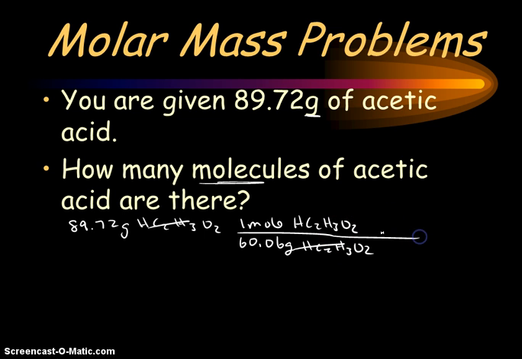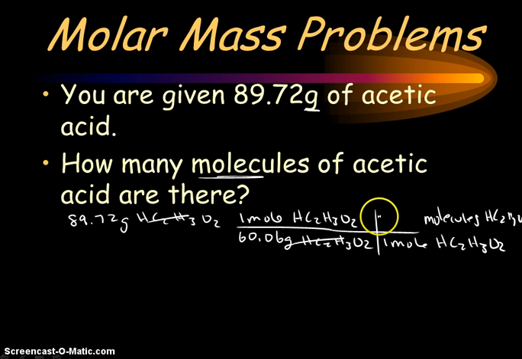And now we'll do a second step: 1 mole of acetic acid will equal the number of molecules. And we know that that is 6.02 times 10 to the 23rd.